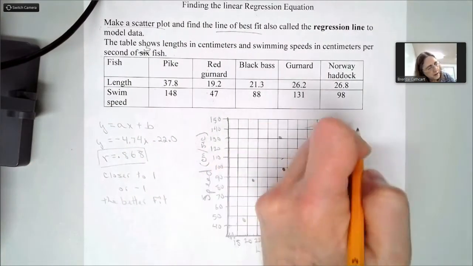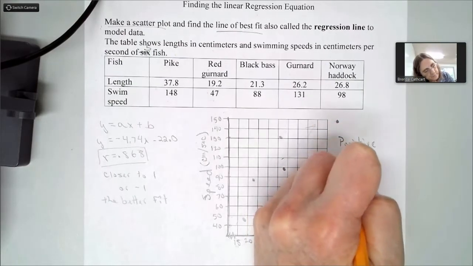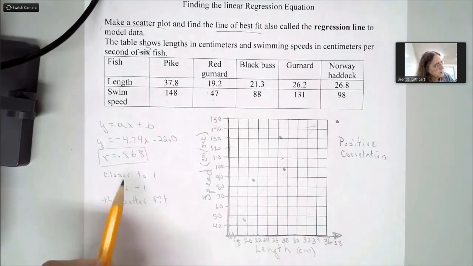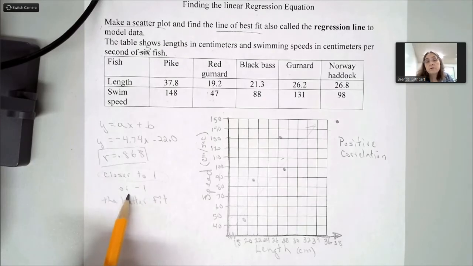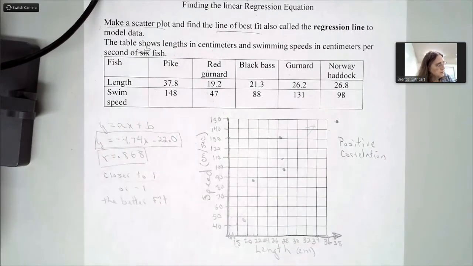This is called a positive correlation. My correlation coefficient is going to be close to positive 1. If we had a negative correlation, our correlation coefficient would be closer to negative 1. So we have a line of best fit. This is the line that fits this data the best for our scatter plot here.